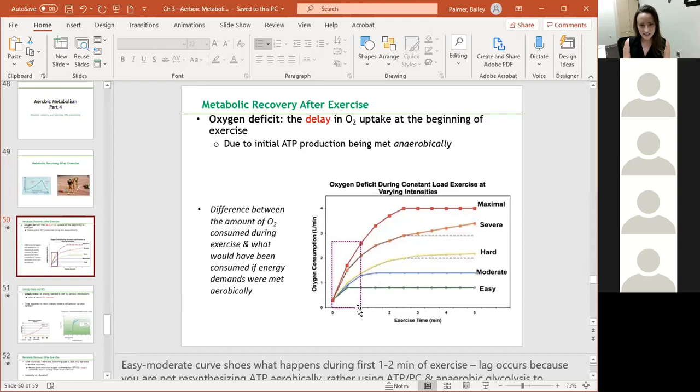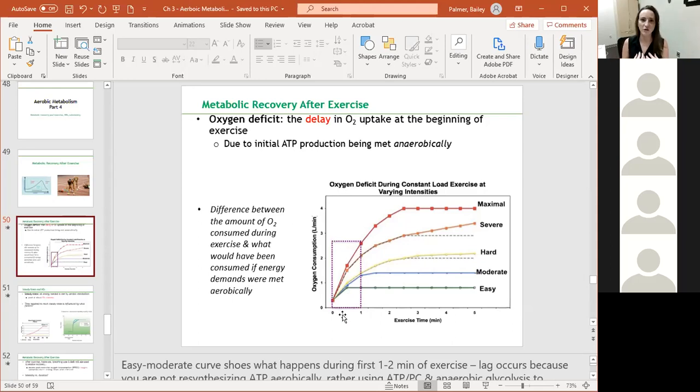This is basically where there's a delay in oxygen uptake because our ATP is being produced anaerobically rather than aerobically. So our body is not very efficient at using oxygen right when we start exercising. So there's this delay.